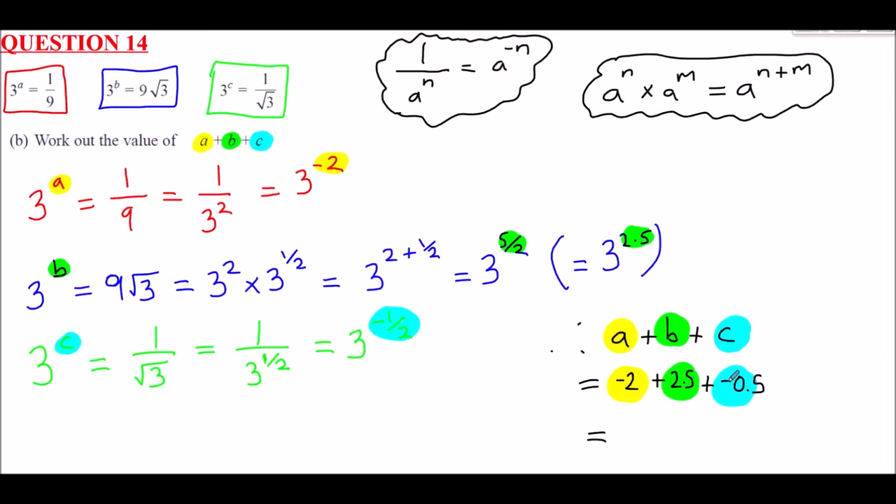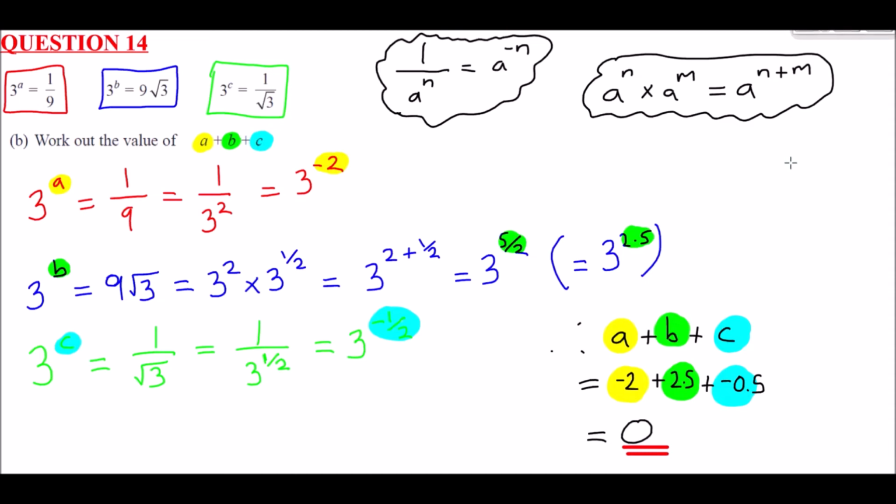So overall, the final answer to all of this is weirdly but actually equal to 0. Strange but true. a plus b plus c equals 0.